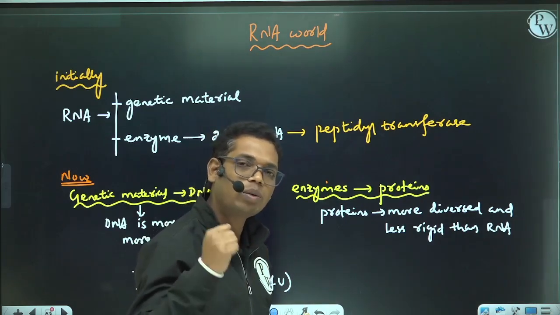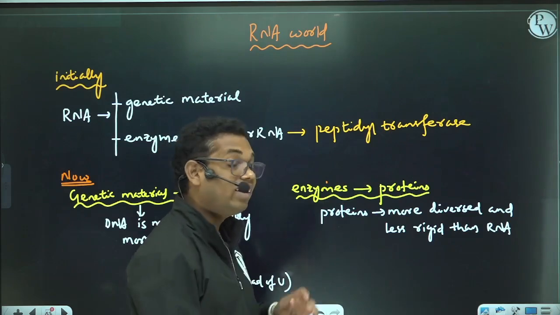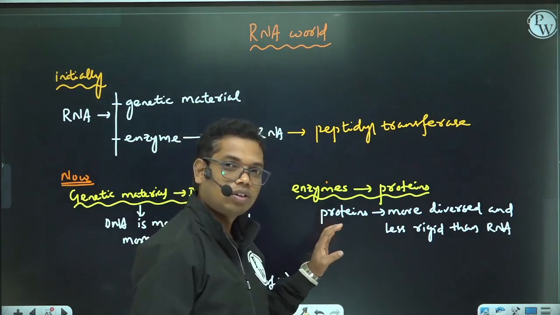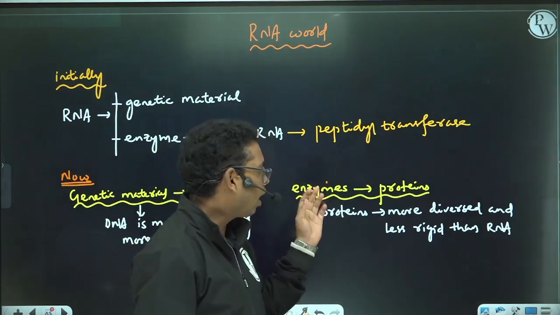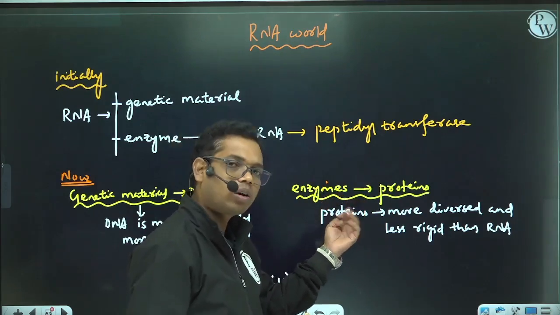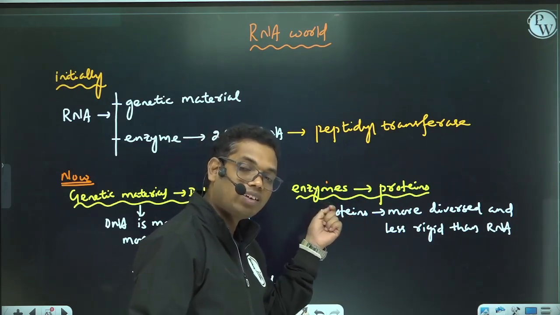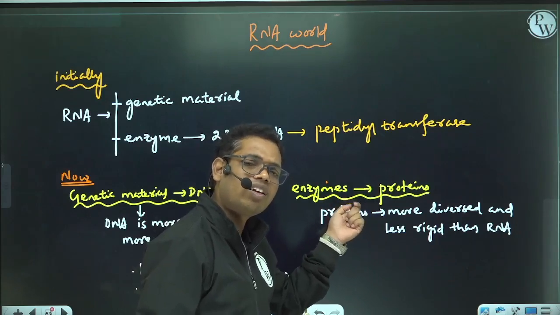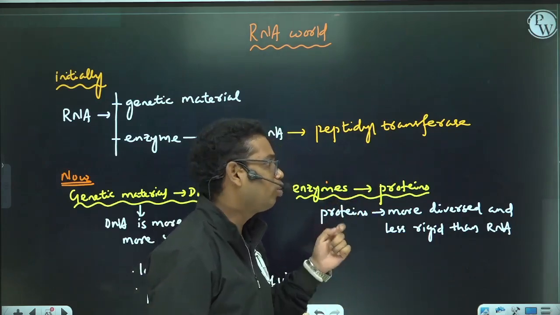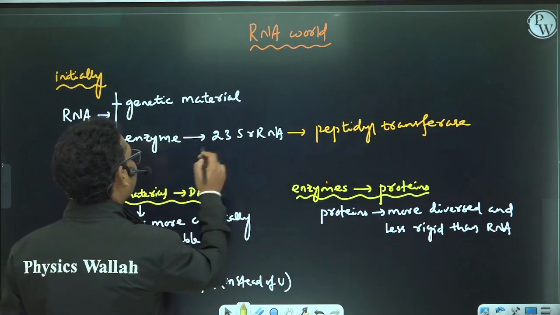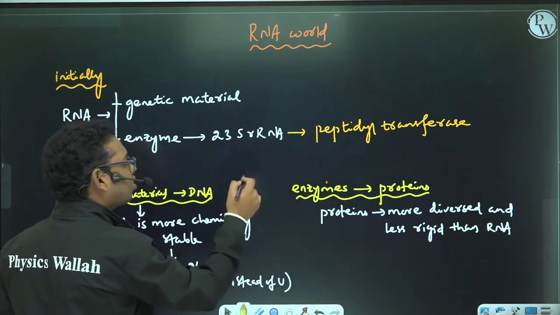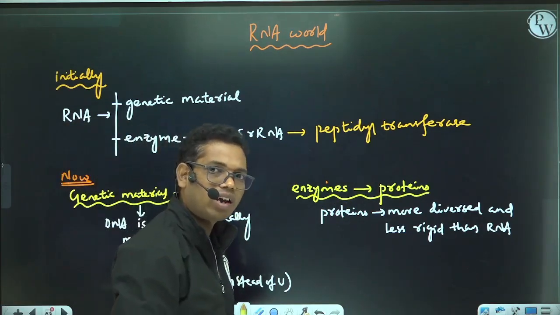Why? Because DNA is more chemically stable. And in the cell, RNA and protein both are present, and most of the enzymes are proteinaceous in nature. Very few enzymes are RNA in nature, and those enzymes which are RNA are called ribozymes.